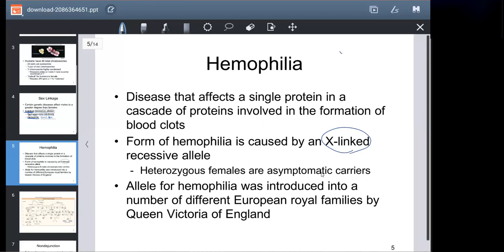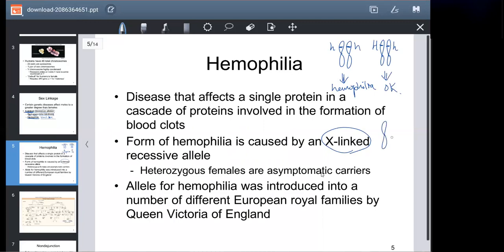So think of it. For girls, you need both of them affected to have hemophilia. If you have one that is okay, big H, and one that is affected, you are normal. But what about boys?